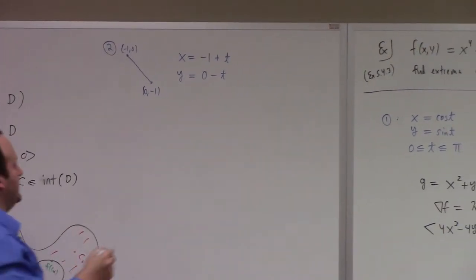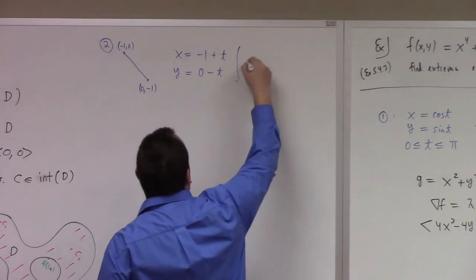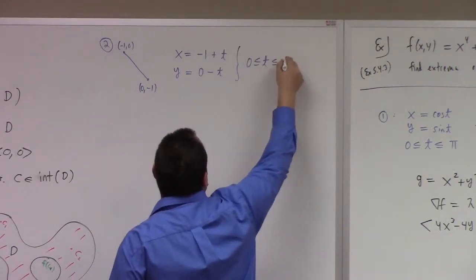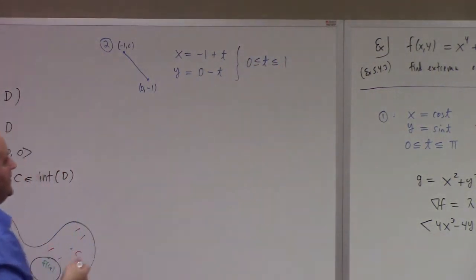And that should be for 0 less than or equal to t less than or equal to 1. Does that work? If you plug in t equals 0, we get minus 1, 0. If you plug in t equals 1, what do you get? 0, minus 1, right? So there you go. There's the parametric equations for the line segment.